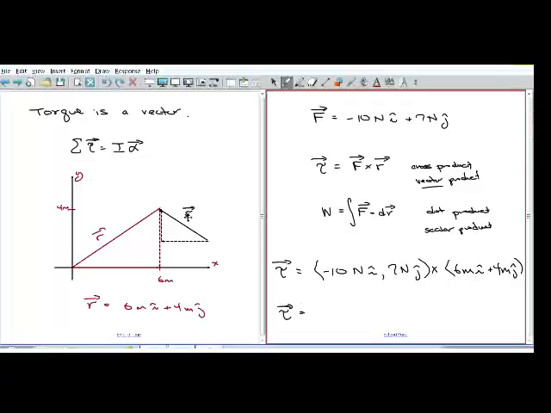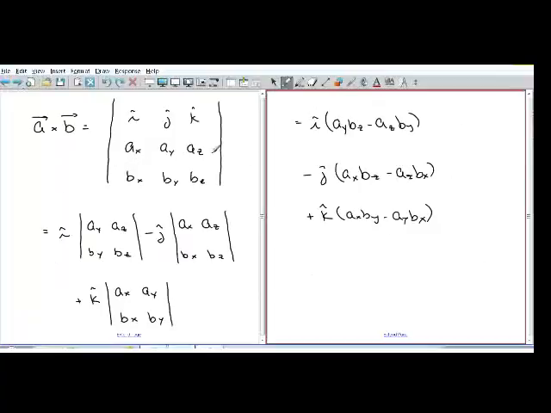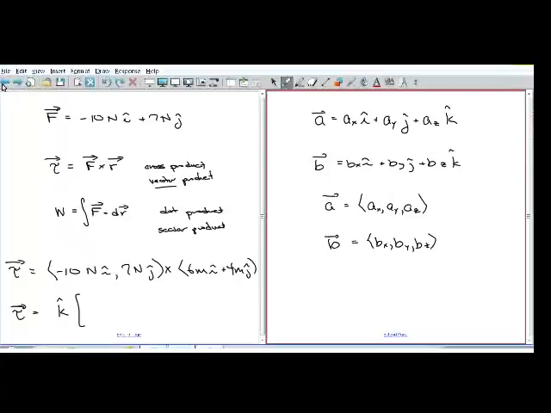So using the result that we got a couple of pages ago, what we'll have is the k vector, which is the result when you cross i and j with each other, you get k, and then this is A sub x. Let's go back and see what we did. So you had A sub x, B sub y.